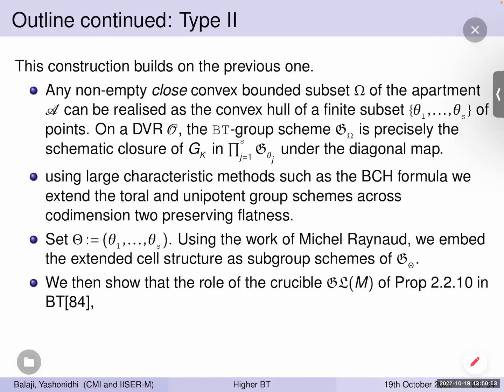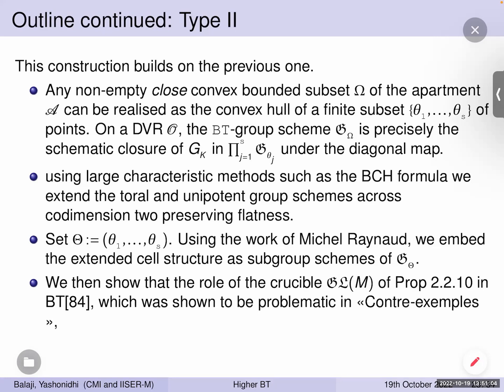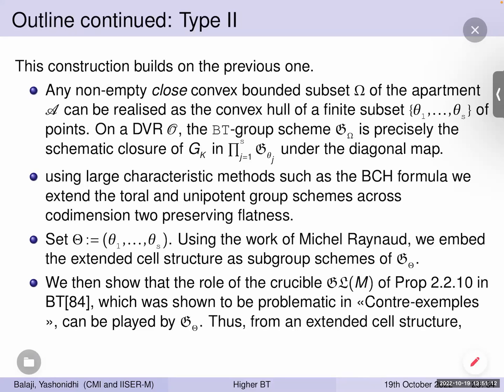We then show that the role of the crucible GLM of proposition 2.2.10 in Bruhat-Tits, which was shown to be problematic in counterexamples, can be played by G subscript theta. Thus, from an extended cell structure, so the extension of the cell structure is happening here.